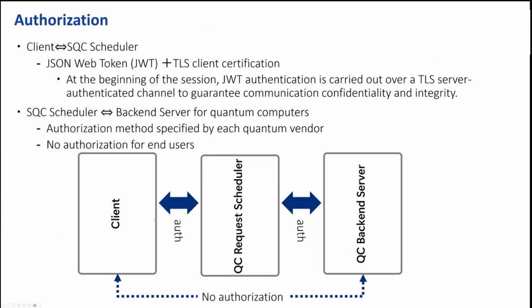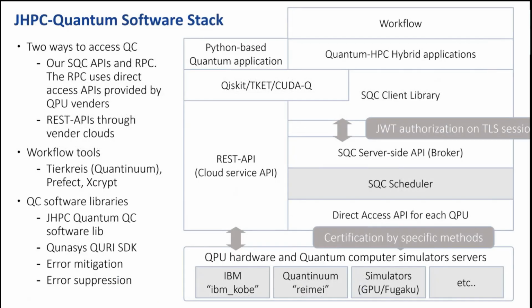Unlike general commercial quantum cloud services, there is no user authorization between the quantum backend server and users. It means that the quantum vendor does not have to know which user uses their machine.